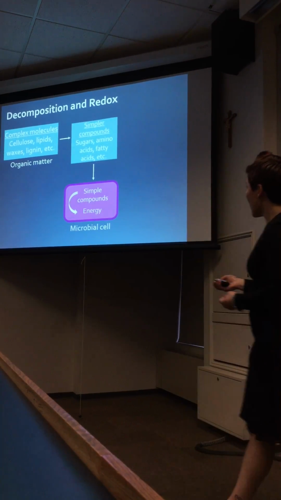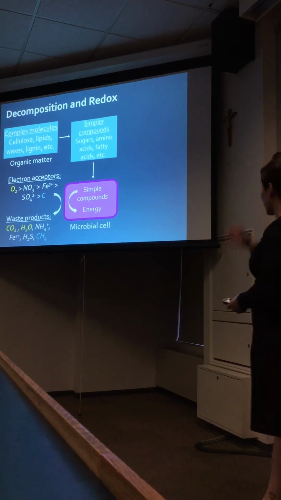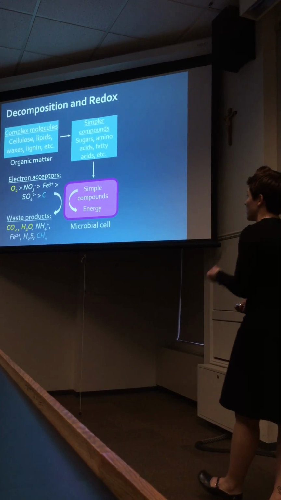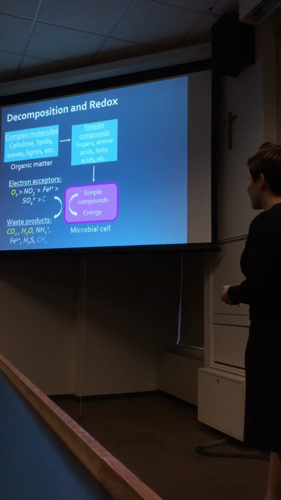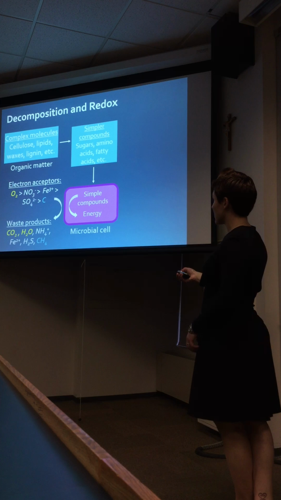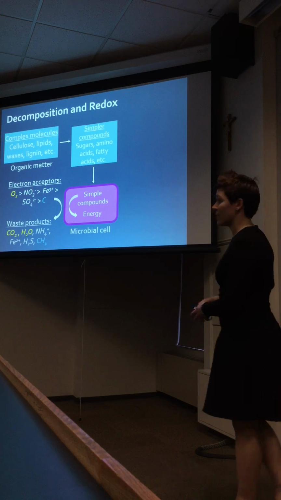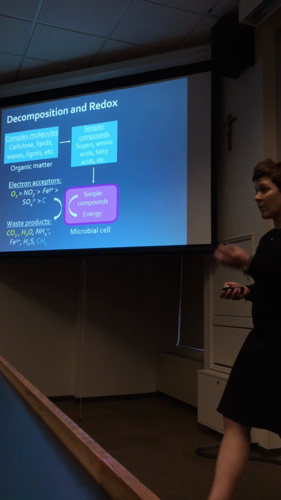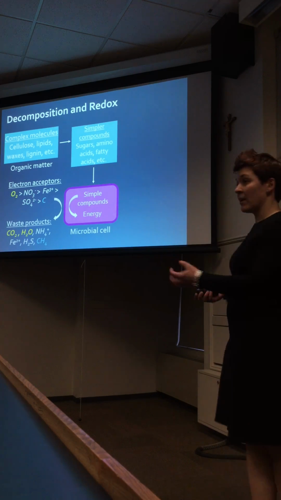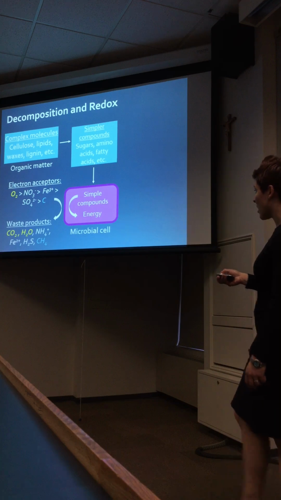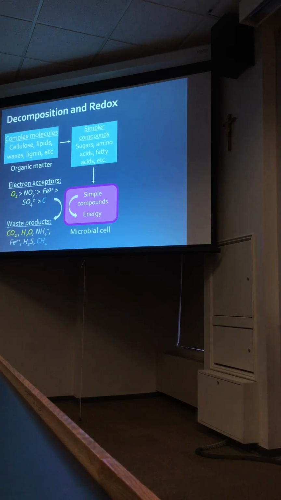When organic matter donates electrons, there has to be something that accepts those electrons. In the cells in our body, as well as many microbial organisms, oxygen is what accepts those electrons. That's why we breathe in oxygen, process those simple sugars, and exhale carbon dioxide and water as our waste products.